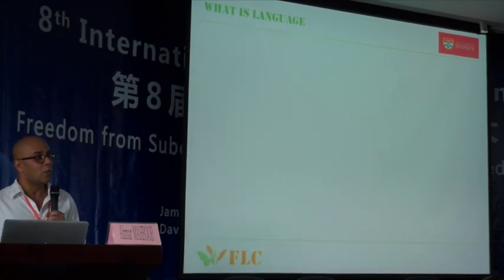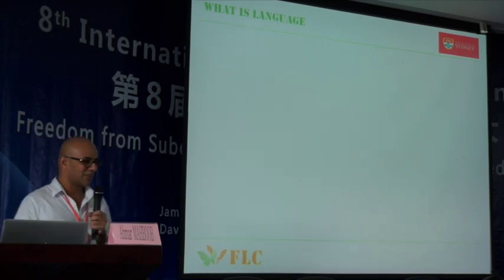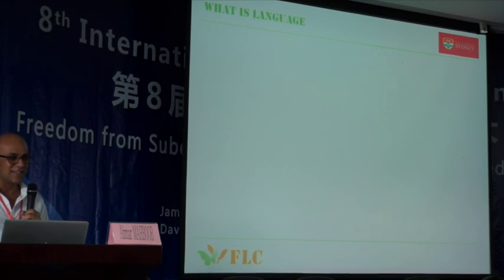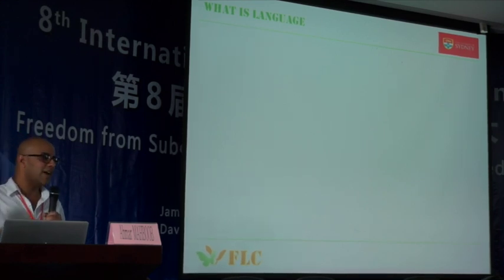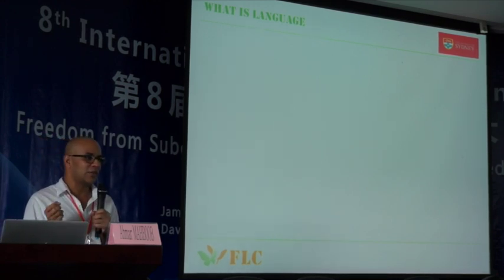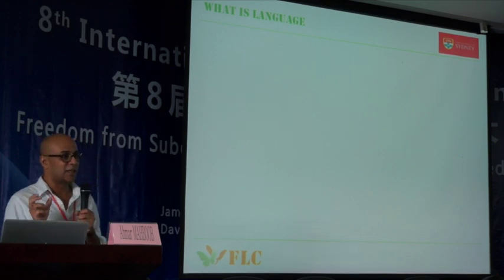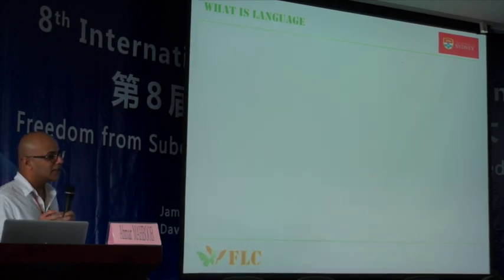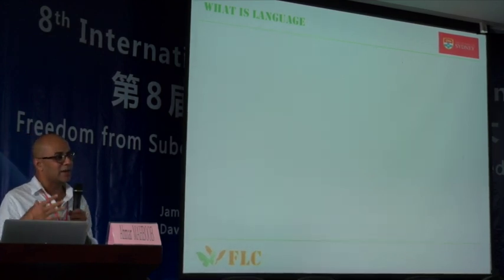I further ask them, what is grammar? And I think Jim was talking about grammar. People think of it as just an assembly of words. But if you ask people what grammar is, again in an audience like this, very often people will say, grammar is a set of rules that you use in language. And that's essentially their interpretation of what grammar is. So people who are doing linguistics or applied linguistics, who are language teachers, have a very narrow understanding of what language is and what grammar is.